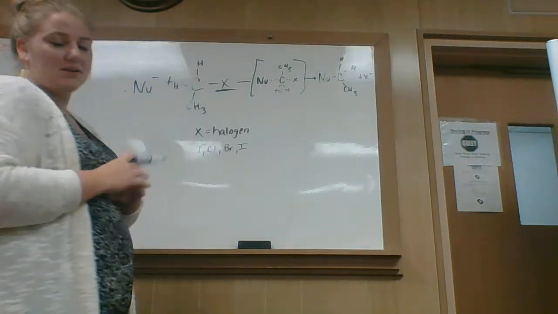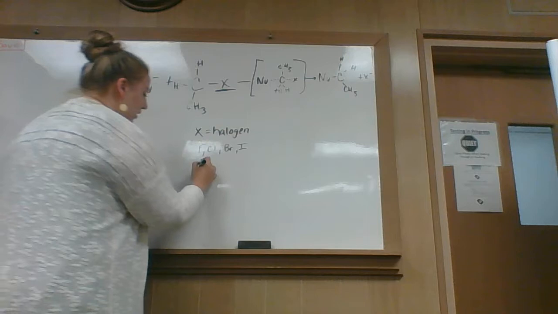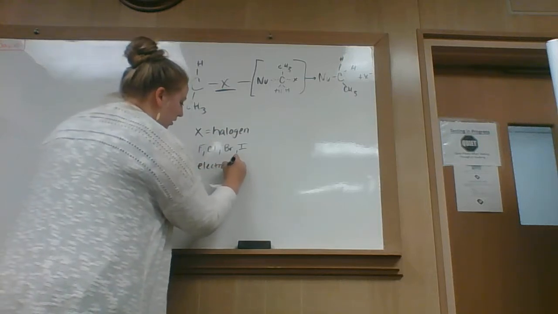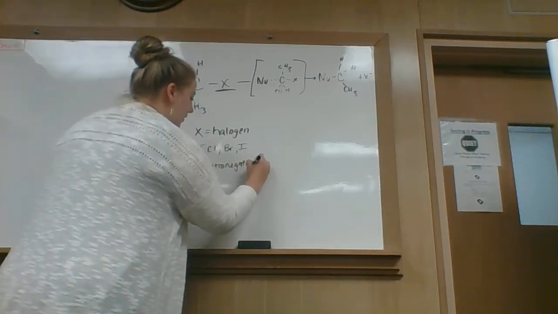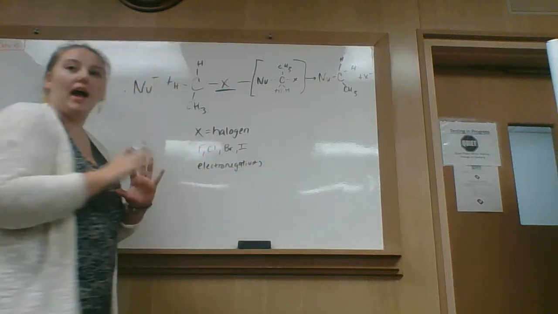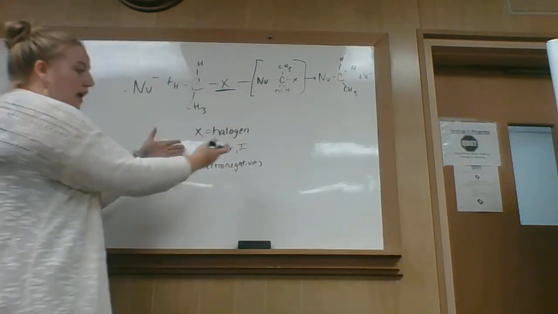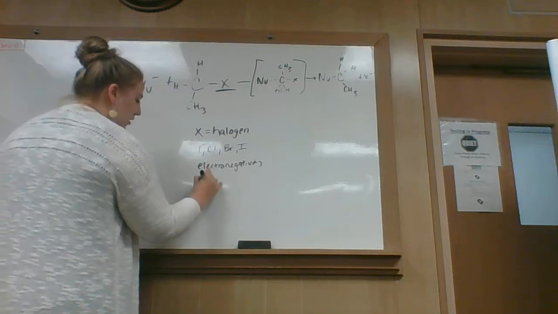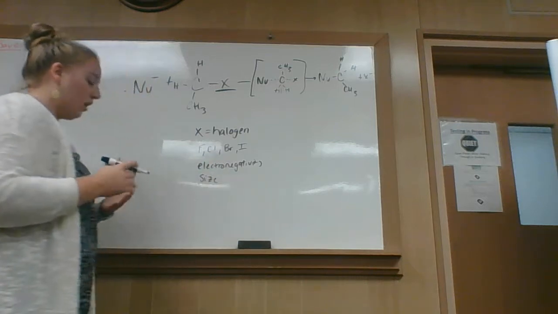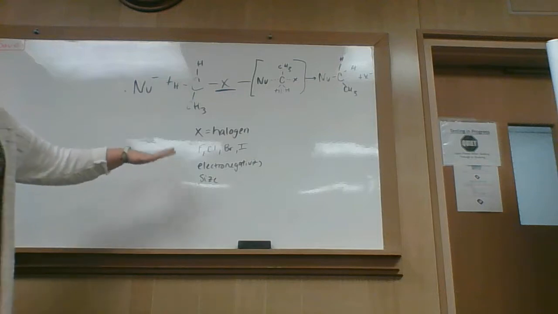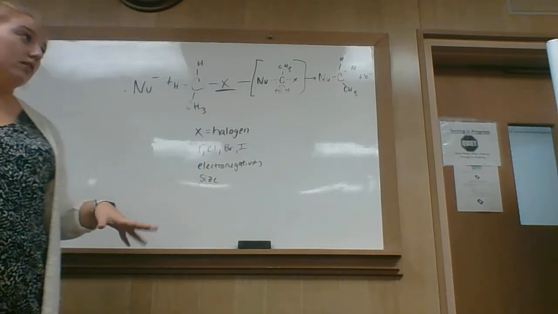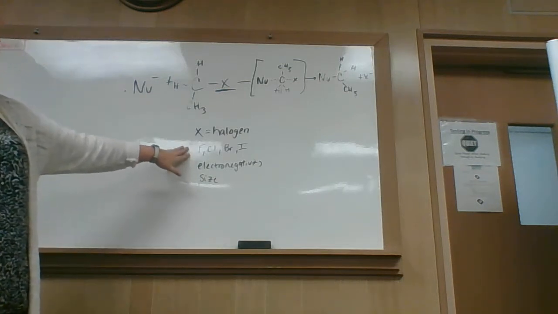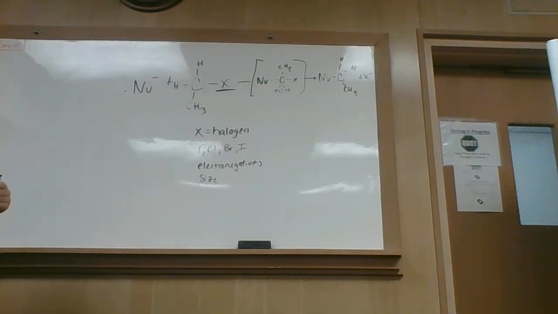Okay, so when we're talking about acidity, there's two things. So electronegativity, and the size of your A, okay? And A is just these four right here to make it easy. All of these are halogens, so they all have pretty close to the same electronegativity. Obviously, fluorine has the highest, but all about the same.